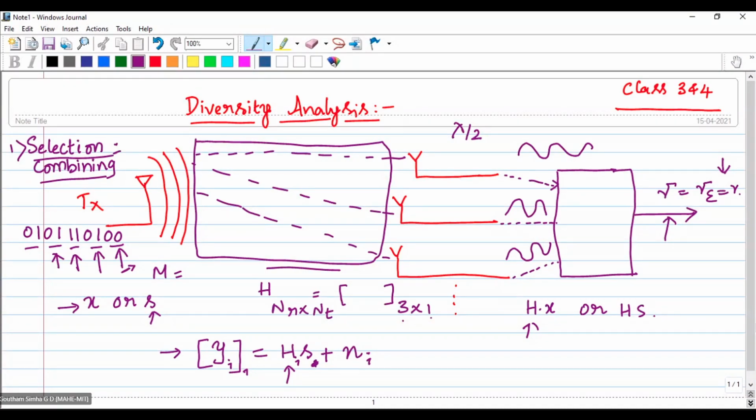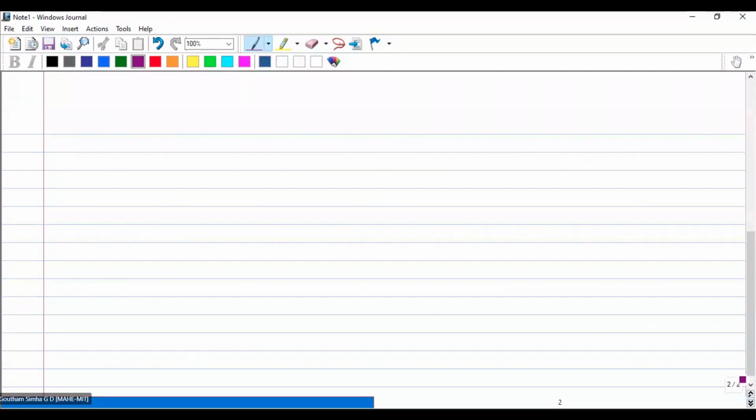Now, let's take the same example here and understand what is selection combining. In selection combining, something has been transmitted. I have receivers at the receiving end, receivers 1, 2, 3, and so on.